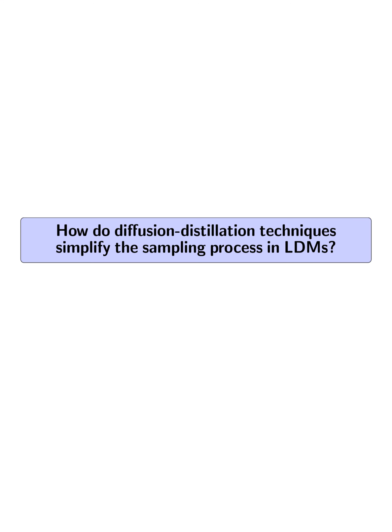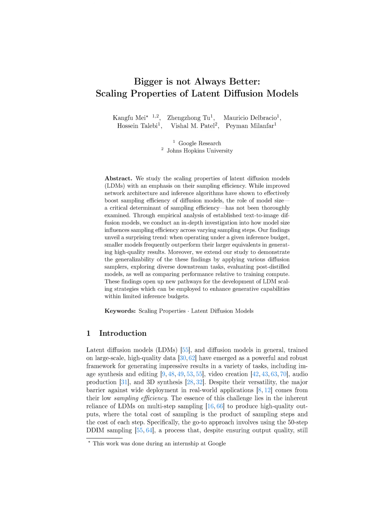How do diffusion distillation techniques simplify the sampling process in LDMs? They enable the learning of multi-step sampling results in a single forward pass, which is then broadcasted multiple times.